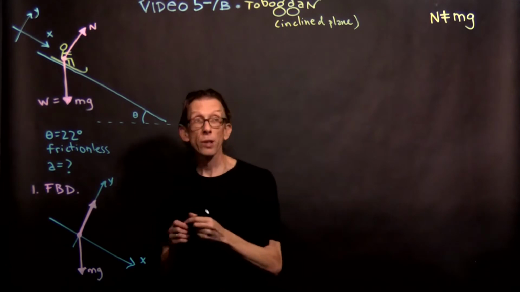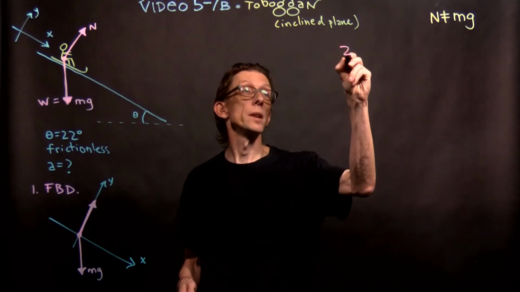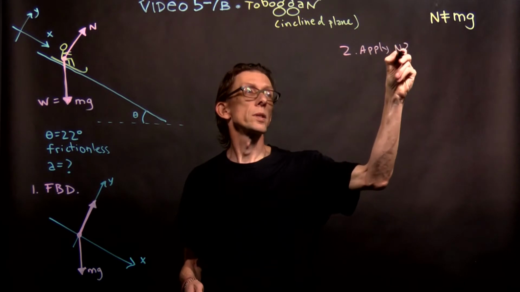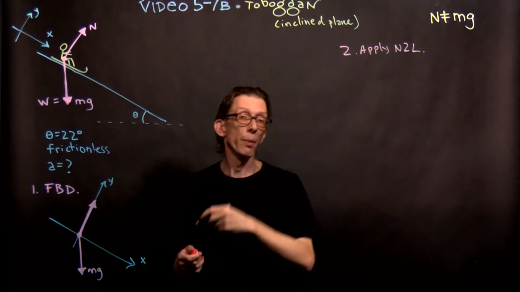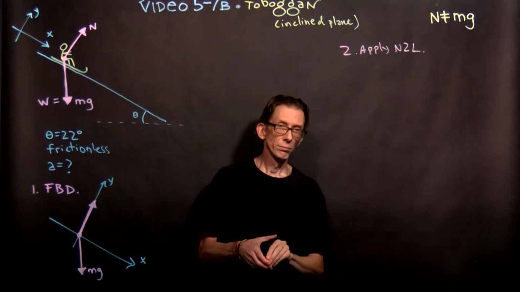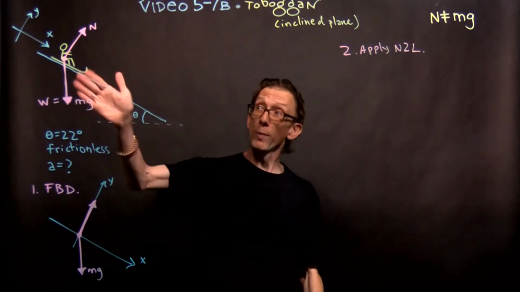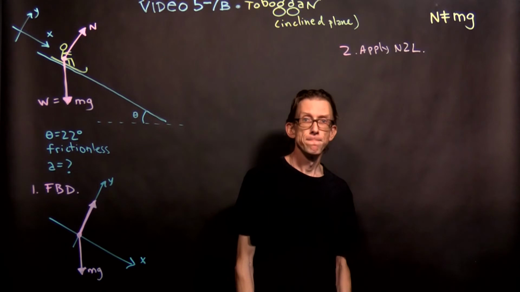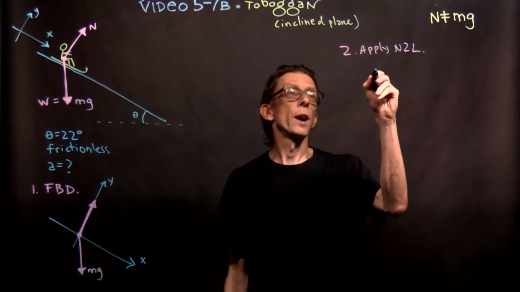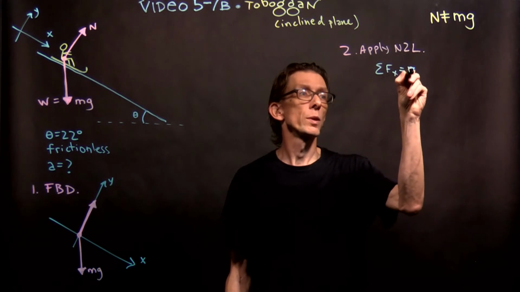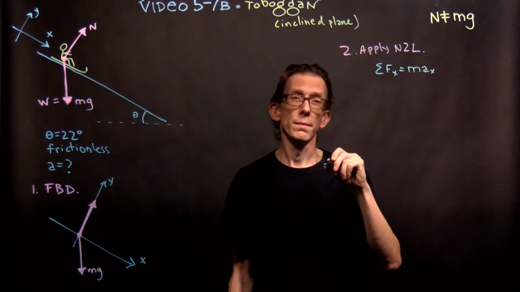I want you to remember what the second step is. The second step is apply Newton's second law. But you remember that we're dealing here in two dimensions, x and y. So that means applying two equations. We're going to have to sum the forces in the x direction, set them equal to max.